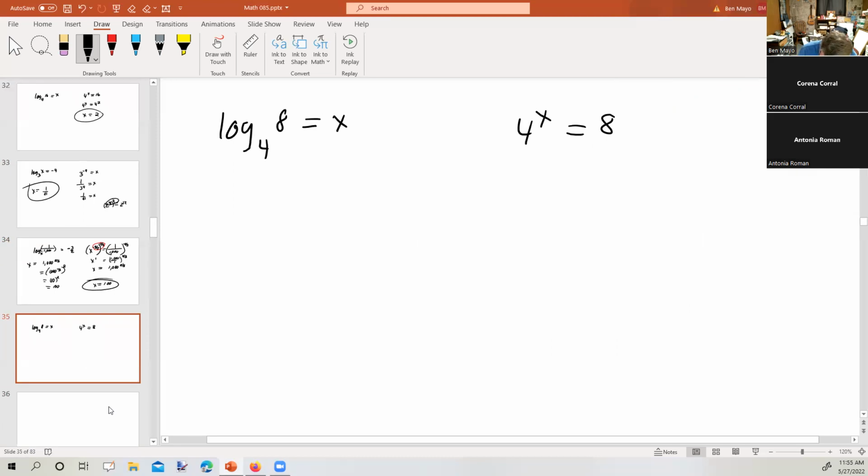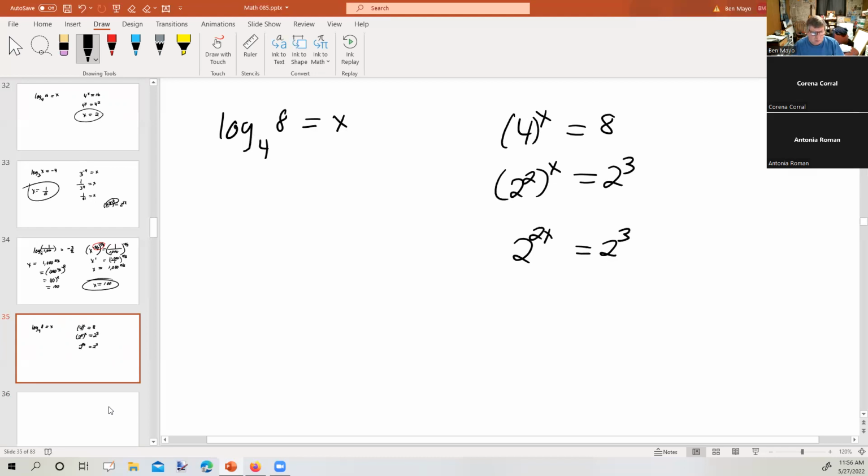So here's what I'm going to do, okay? I'm going to take 4 and write it as 2 squared. So 4 to the x becomes 2 squared to the x power. But now a power raised to a power, you'd multiply the exponents. So 4 to the x becomes 2 to the 2x power. Why would I want to do that? Because 8 is 2 cubed.